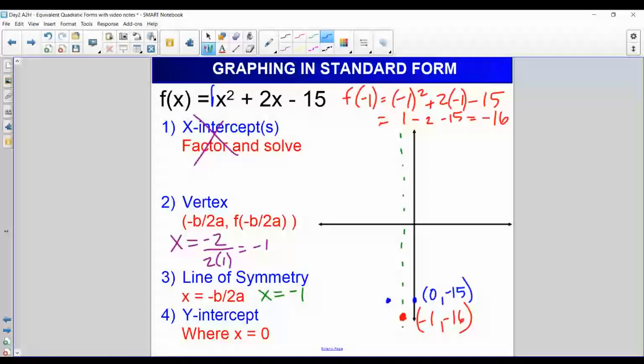When I go out 2, I would go up 4. When I go out 3, I would go up 9. When I go out 4, that's when I'm going to go up 16, and that's what will put me right at my x-intercepts. So I could also have figured that out by factoring.